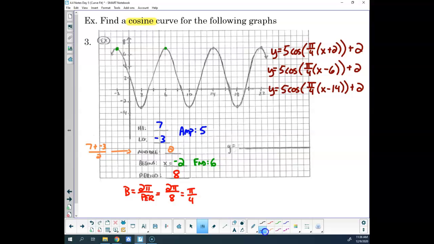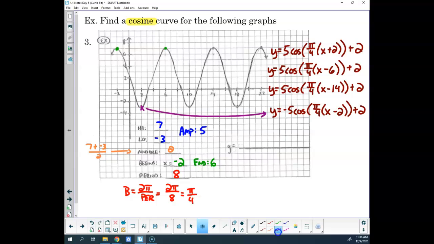Another one? Oops, nope, minus 2. That last one starts here, because it's negative. Yep. Okay.